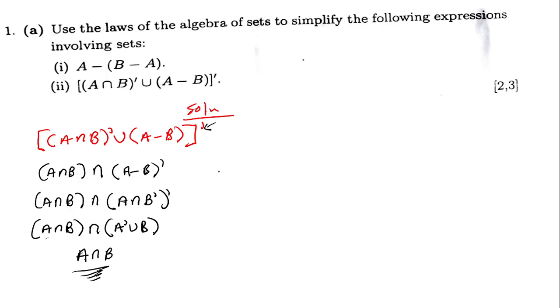There on that part where it is written A intersection B intersection A complement union B. Now that you've said A complement union B is the same as B. So is it okay for us to use the associative law and write it as A part?